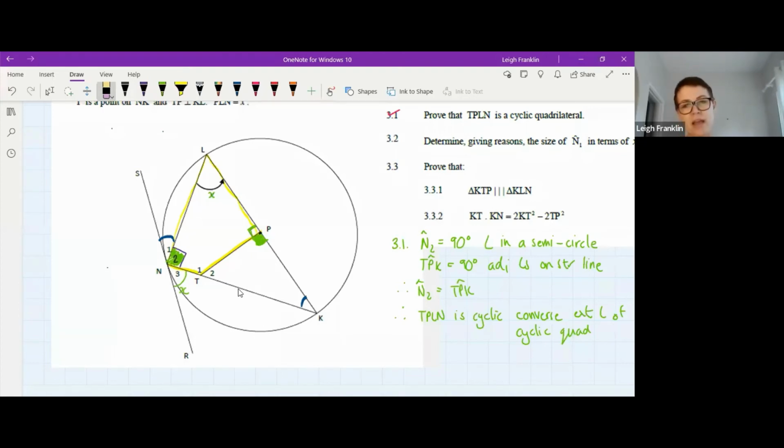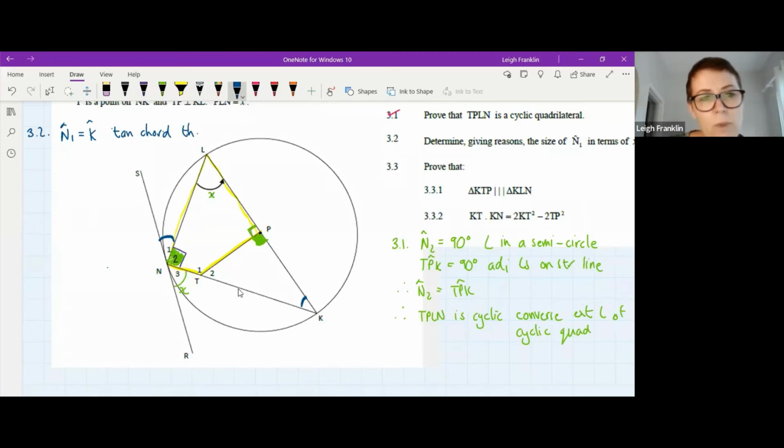And then from there, try and figure out how that is related to X and anything else that you may already know at that stage. All right, so here's 3.2. Kayla, you said to us, angle N1 equals K. Beautiful. And you said tan chord theorem, which is 100% correct.